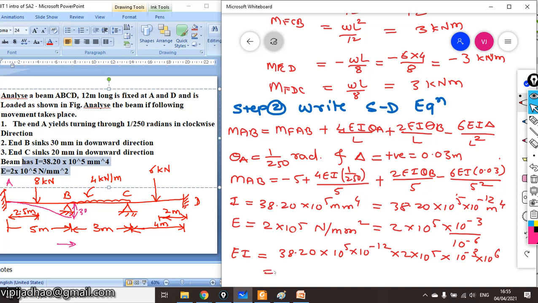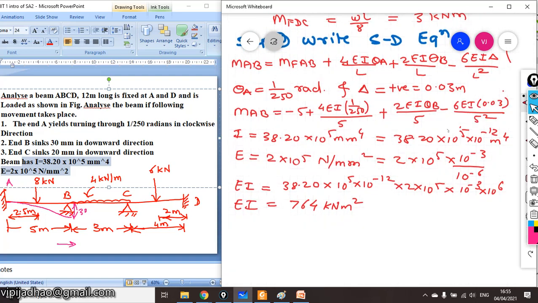So we get this value EI is equal to 764 kilonewton meter square. We get this value of EI, 764 kilonewton meter square.